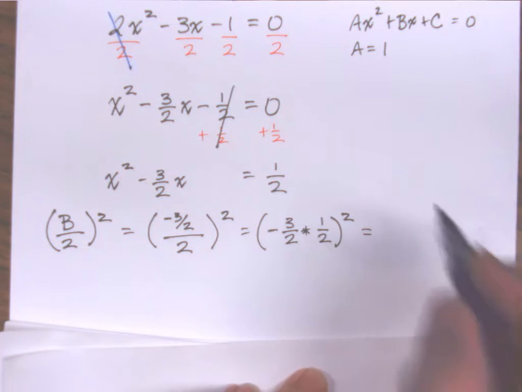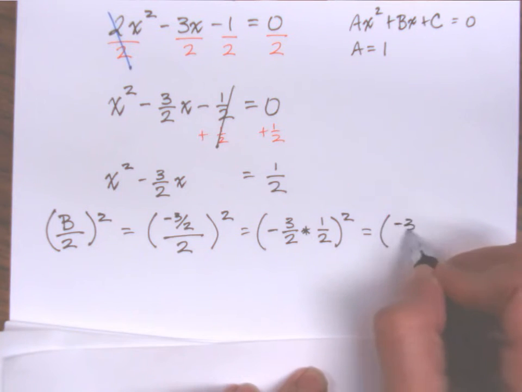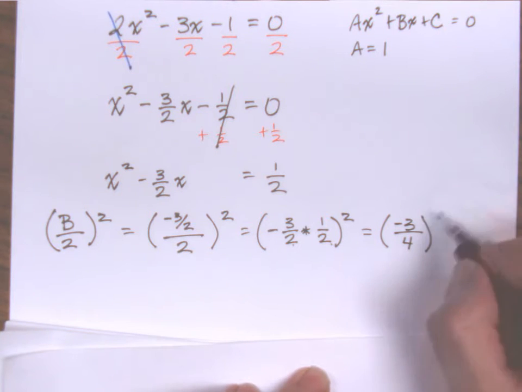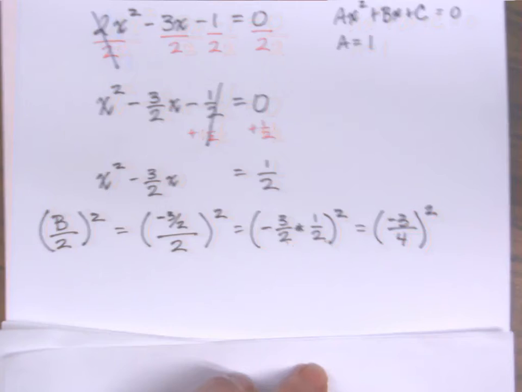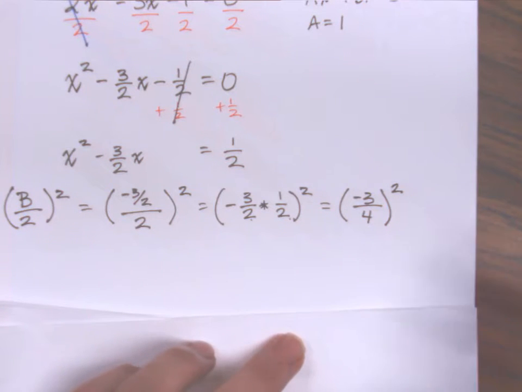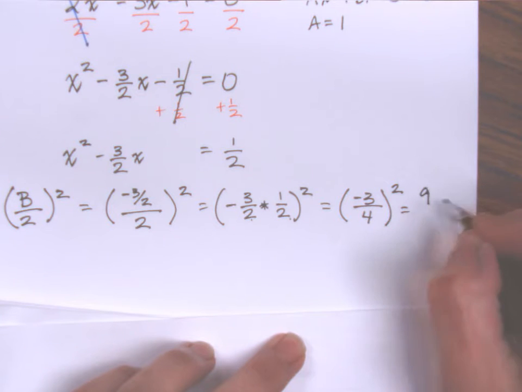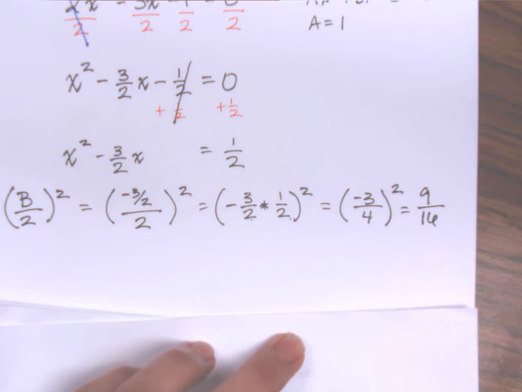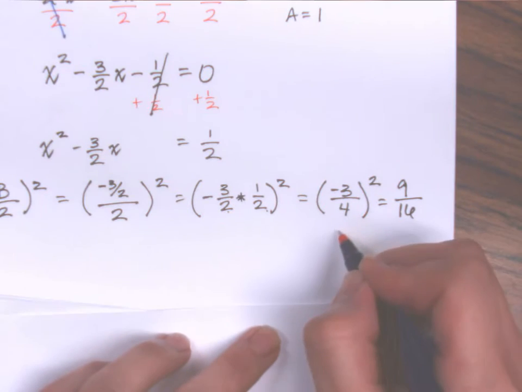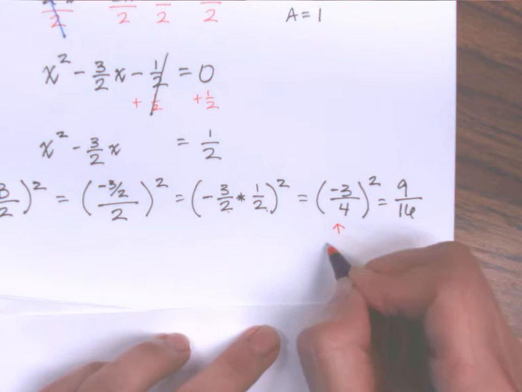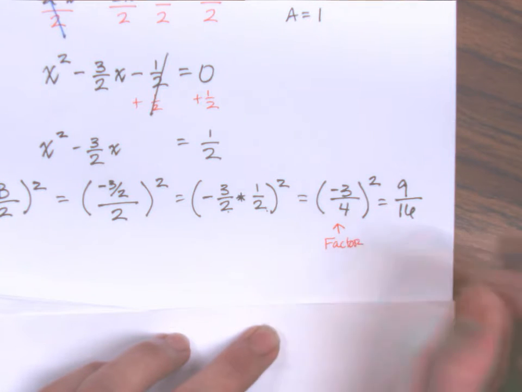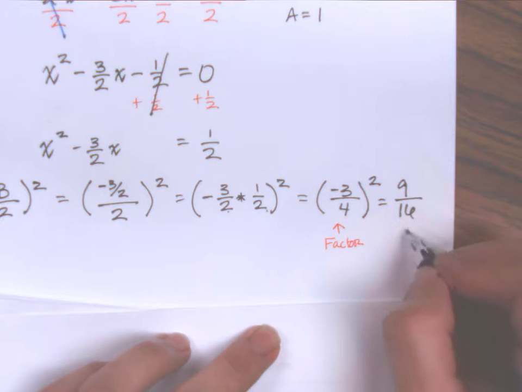So I've got negative 3 times 1 gives me negative 3. 2 times 2 gives me 4. And then I need to square it. Okay. Negative 3 squared is positive 9. 4 squared is 16. So this is my factor. This is what I add back to the equation.